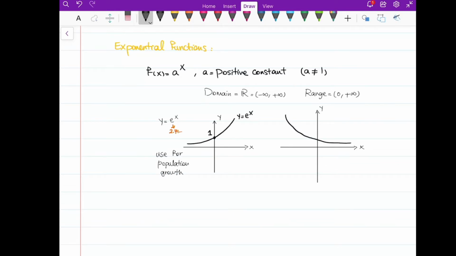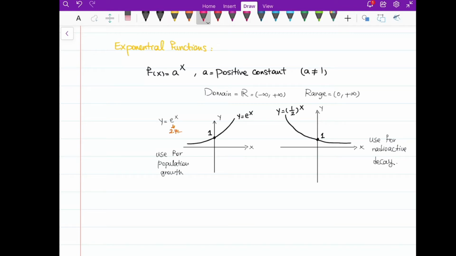Okay, this is y equals 1/2 to the power of x. And again, when x is equal to 0, I get 1/2 to the power of 0. Any number to the power of 0 is 1. That's why the y-intercept here is 1. Okay, we use this for example for radioactive decay.